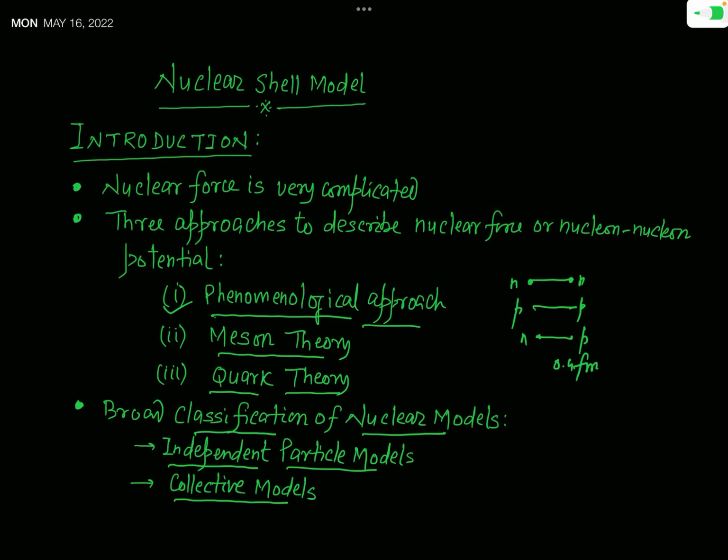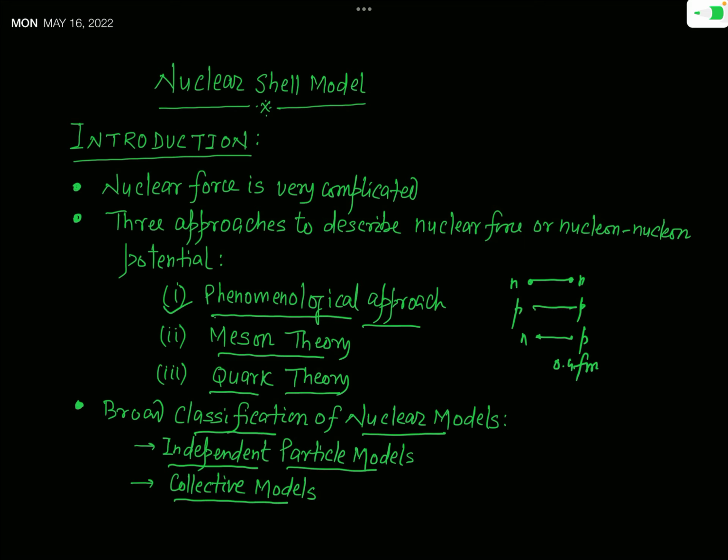Shell models and collective models deal with idealized situations that are contradictory in nature, and for certain nuclei, a blending of both of these aspects, which is actually called the unified model, seems to yield better results than the other models.